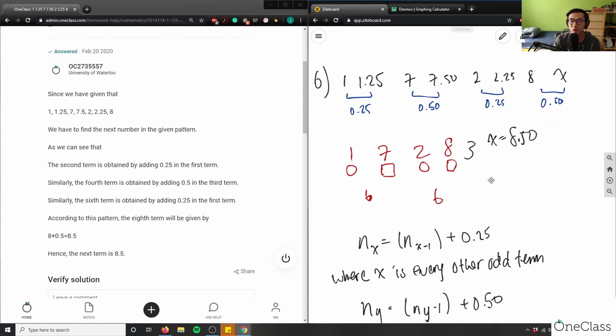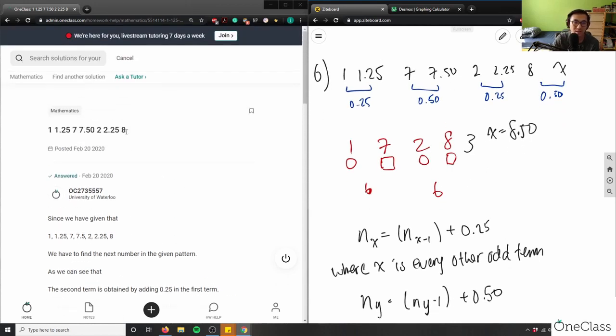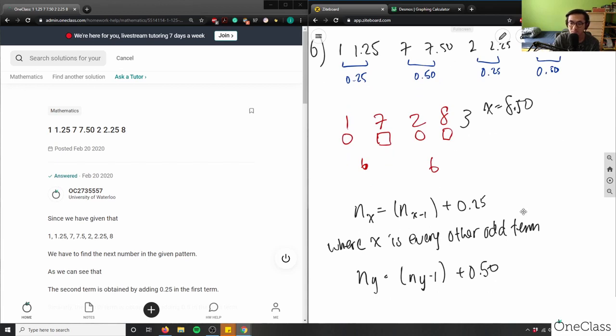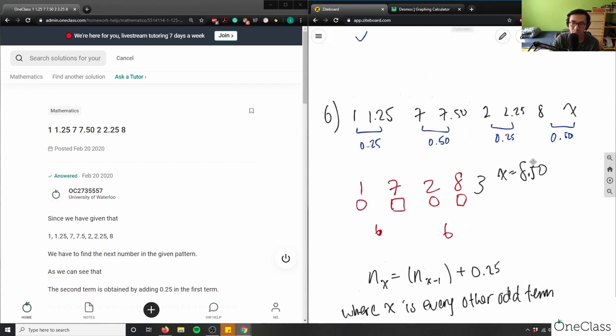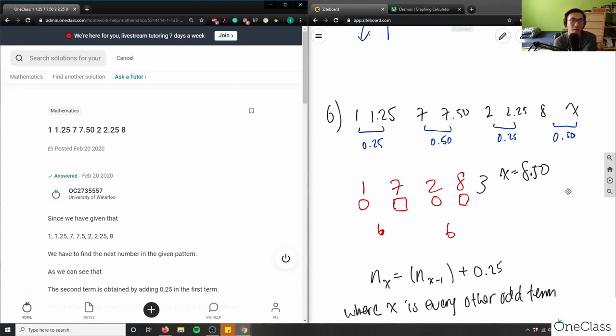And again, I'm writing an algebraic expression, but in reality, we actually don't have to do this. Again, I don't know what this question was asking here. I'm just kind of extending the problem to show you some type of algebraic expression to model this. But you can actually just simply use logic to figure this out. But then, again, the next term would be 8.50, and then it'd be 3, and then 3.25, and so on and so forth.